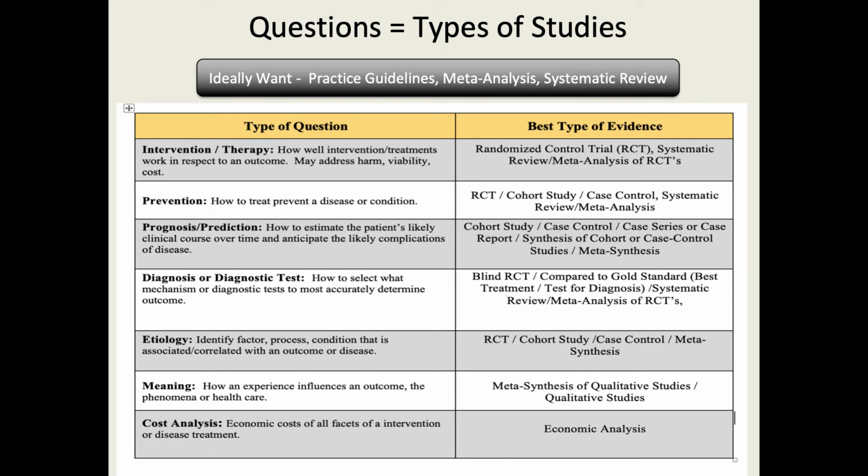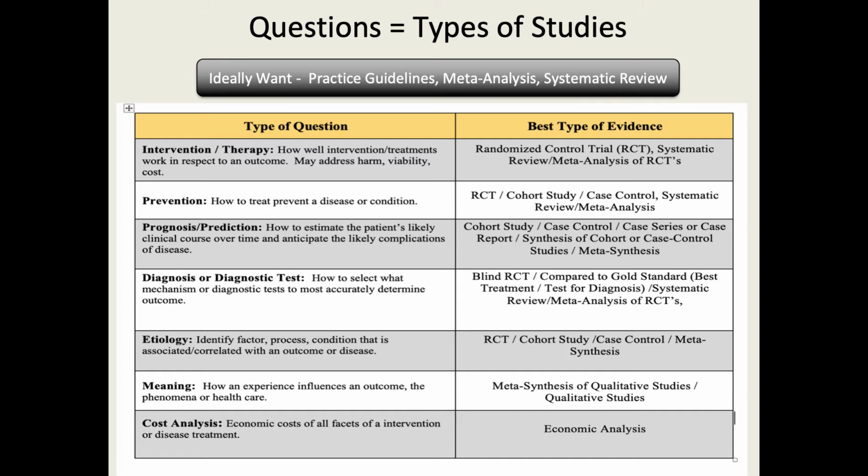Understanding the type of question you are asking is not only important when picking the right template, but also will be useful when you do a search. As you can see from the chart, there are several types of clinical questions. Each clinical question is best answered using different types of evidence.